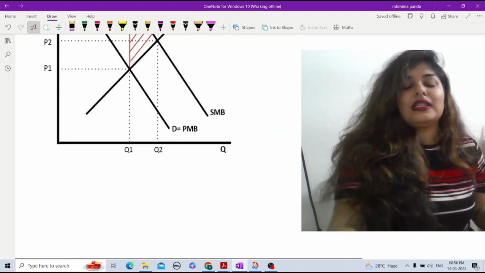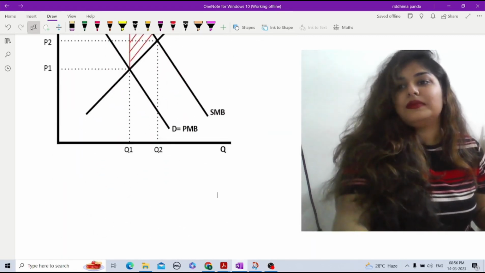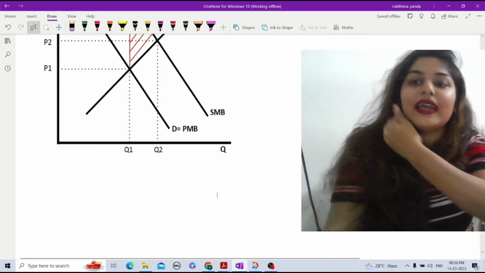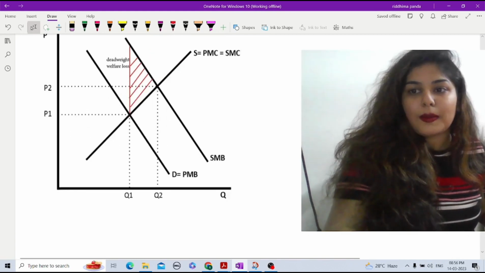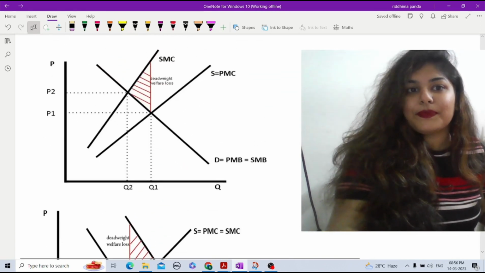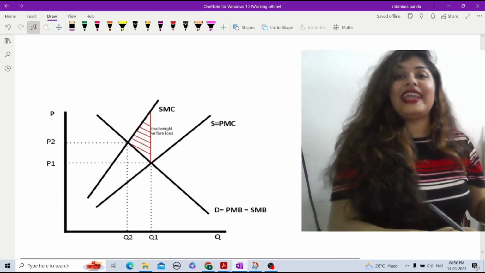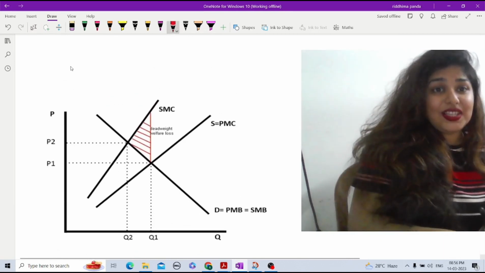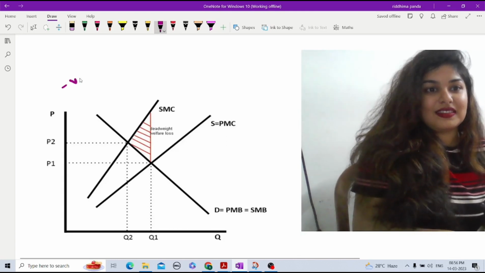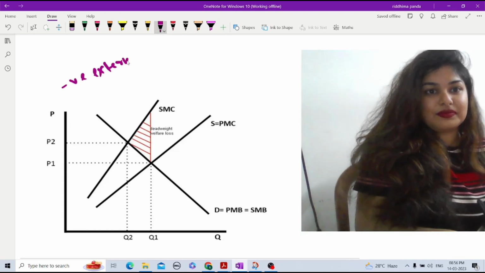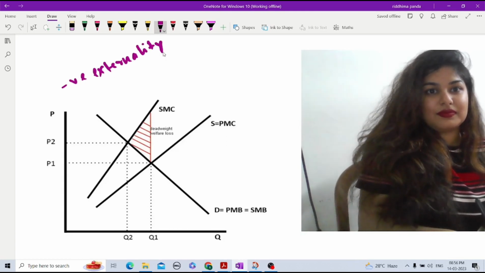So in order to understand this, in front of you is a diagram about negative externality, right? So in case of negative externality, what happens?